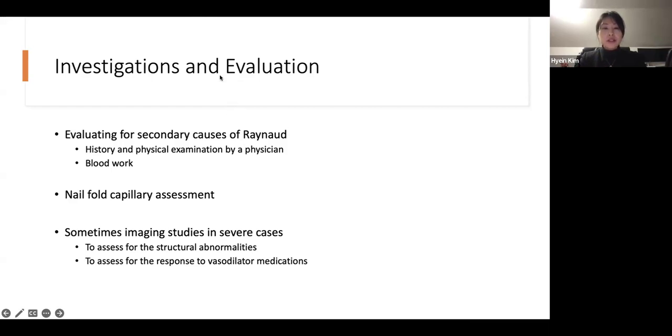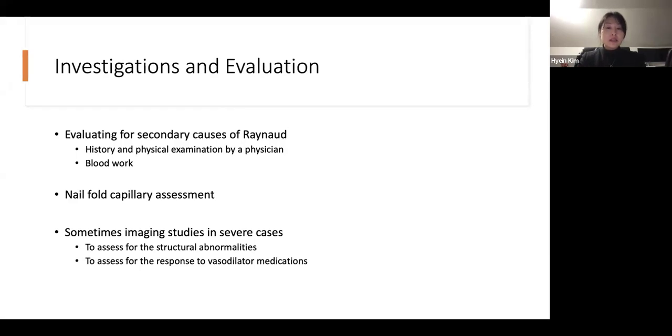Okay, someone asked about ANA testing. ANA is what we call anti-nuclear antibody testing, and that's probably one of the most common blood testing abnormalities that can be associated with connective tissue disease.